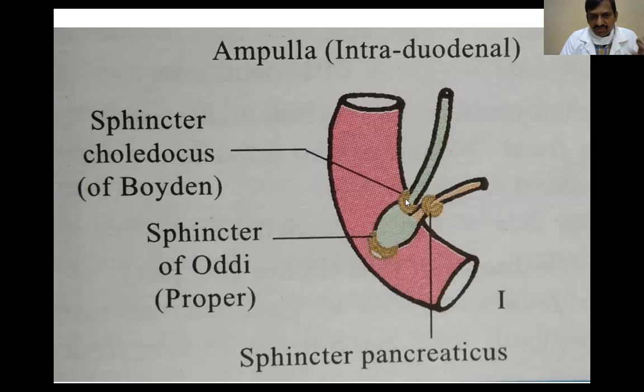They may ask what is Boyden, what is Oddi, and what is the pressure. During contraction of the gallbladder, the pressure increases up to 25 millimeters of mercury. Then only the secretions enter the second part of the duodenum. That is the importance of the sphincters guarding the pancreatic duct and bile duct.